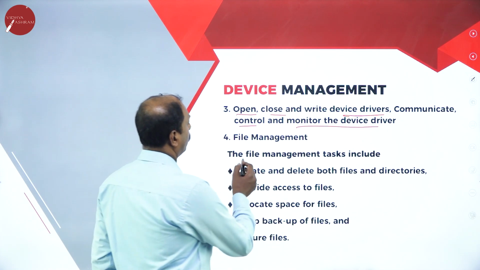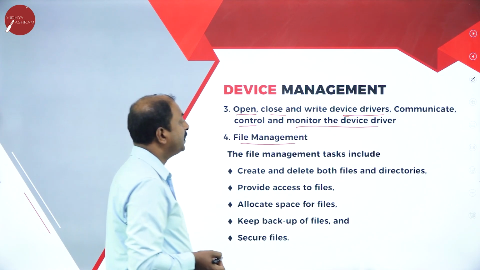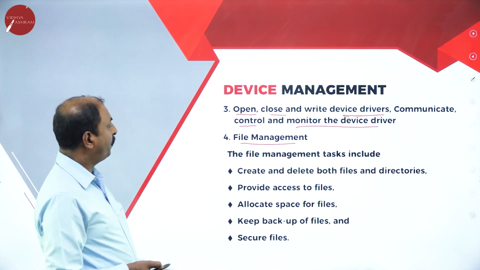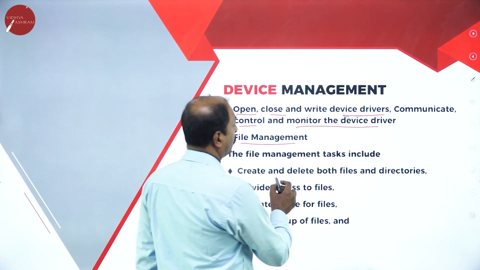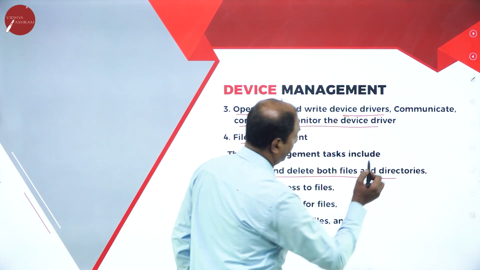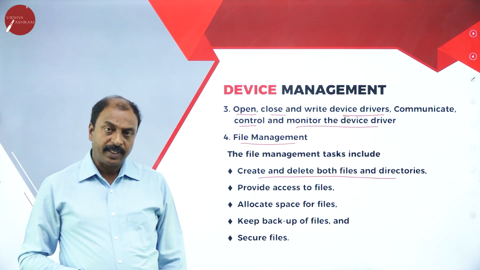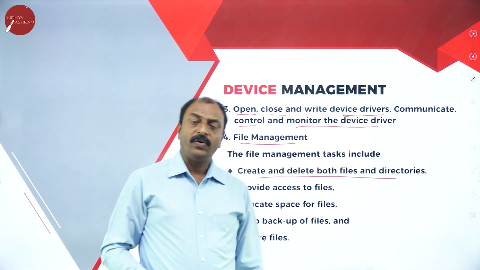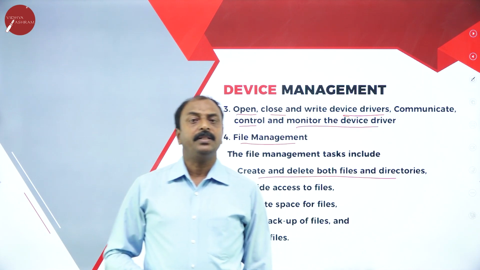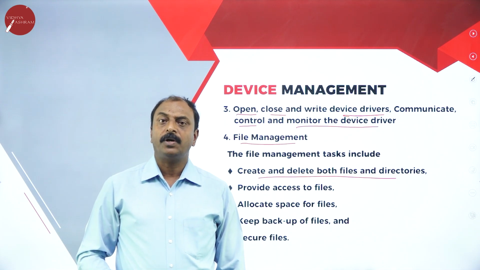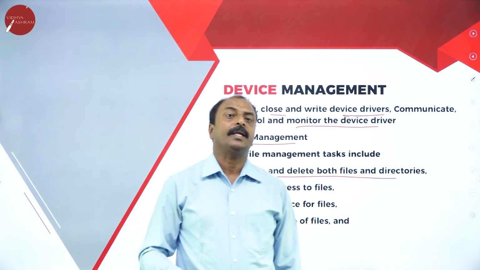Next one is called file management. What is file management? File management includes creating and deleting both files and directories. Now, all of you know that we are using files. A file is the basic unit of computer storage, so anything in a computer is in the form of a file. It can be any type of file.